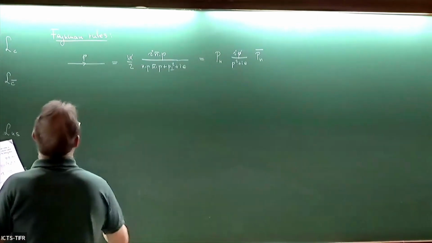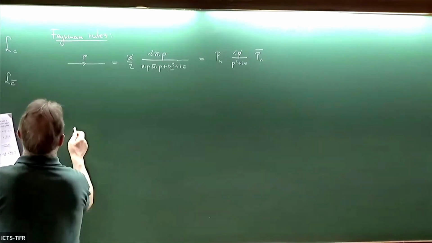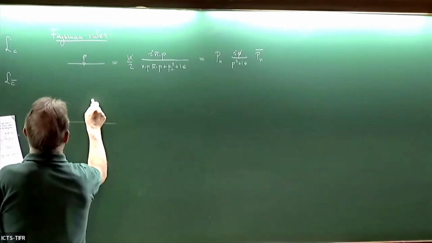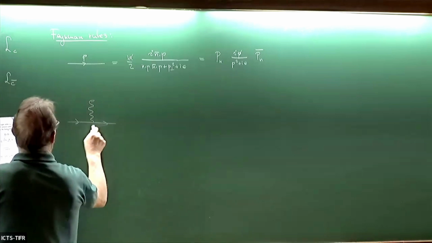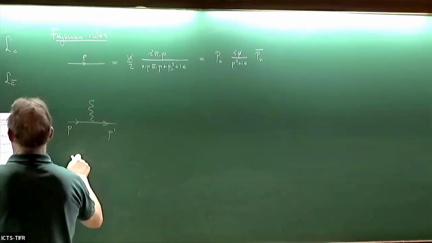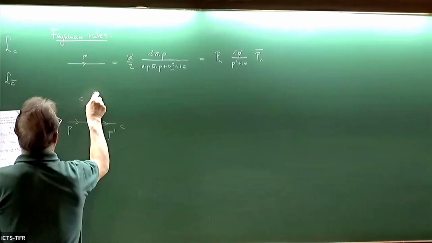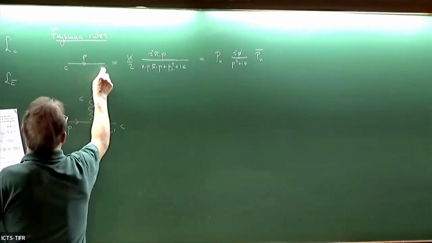Let me just write, I don't want to write all of them because they're really useless in some sense. You never use them. Let me just show you that they're ugly. So this is collinear quark, collinear gluon. This was also collinear quark.